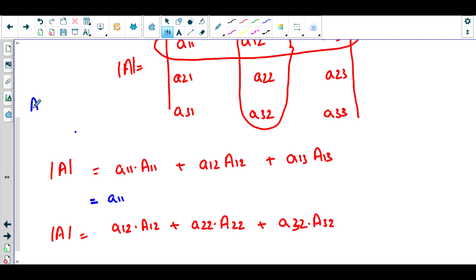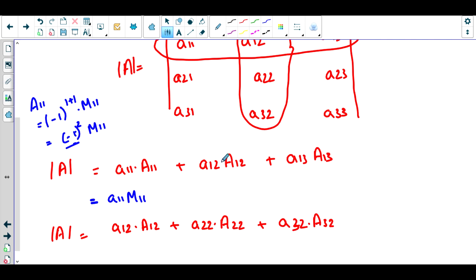If you solve A11 cofactor, it will be (-1)^(1+1) into M11. So (-1) square is positive, because square of negative is positive, so you will get M11. So you have A11 M11.